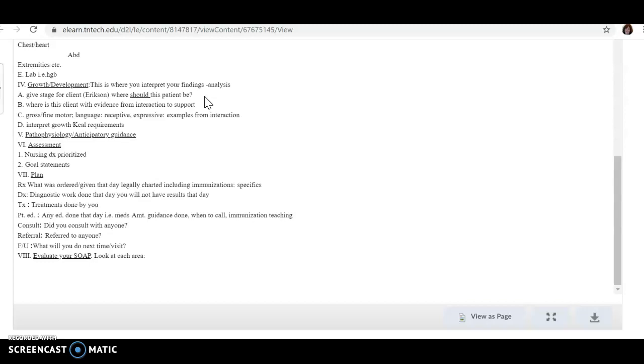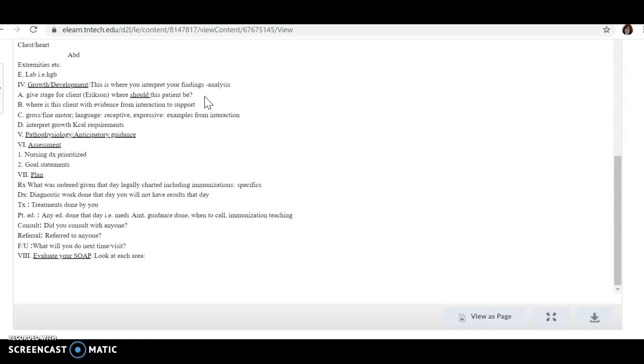Erikson's, you ask, so if my patient's a 19 to 22, 23-year-old, Erikson's stage of intimacy versus isolation should be where they're at. So for this section, I would put this patient should be in Erikson's intimacy versus isolation. Here are some common actions or characteristics of that stage, and I would list a few, and then I would tell why or what my patient said or did that confirmed to me that my patient was in that stage of Erikson's.